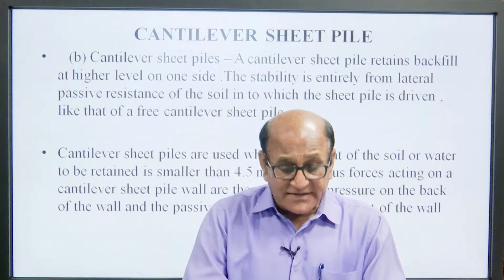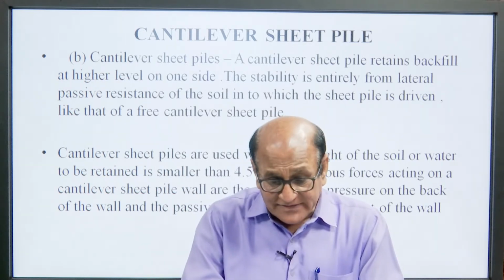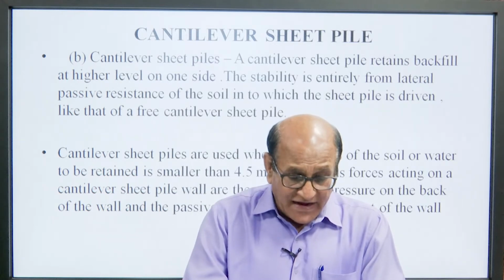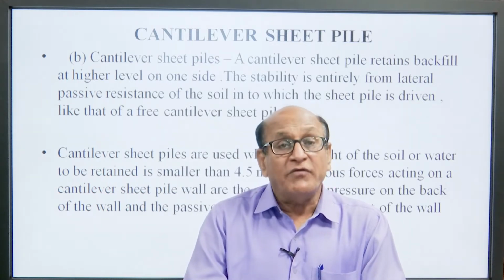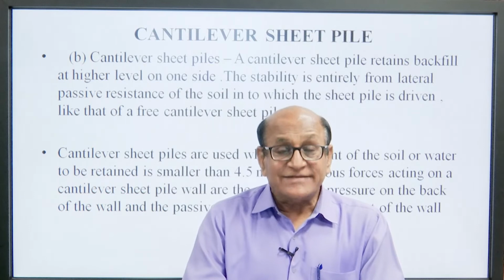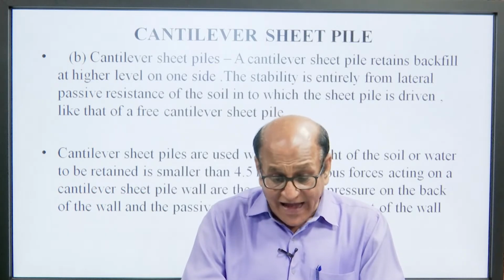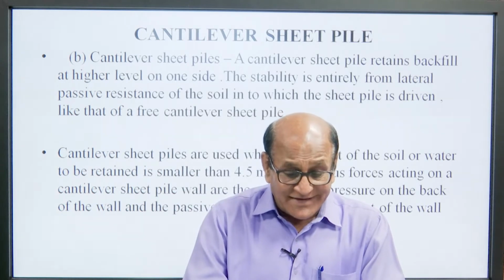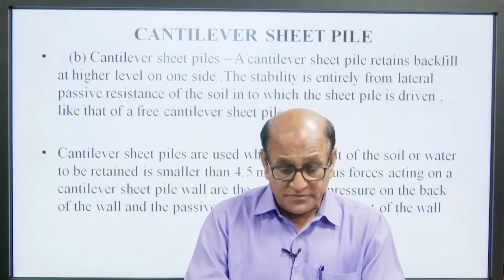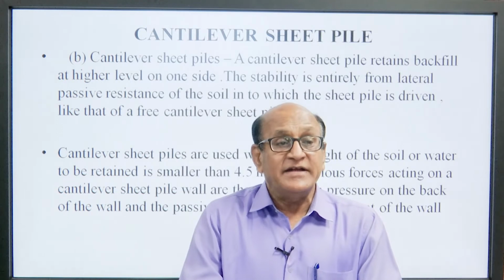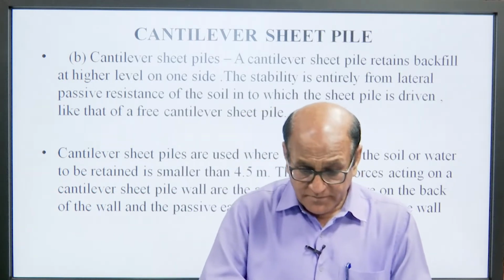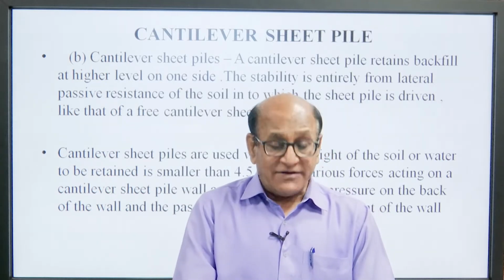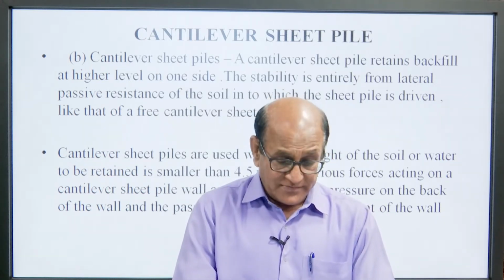A cantilever sheet pile retains backfill at a higher level on one side. The stability is entirely from the lateral passive resistance of the soil into which the sheet is driven, like that of a free cantilever sheet pile.